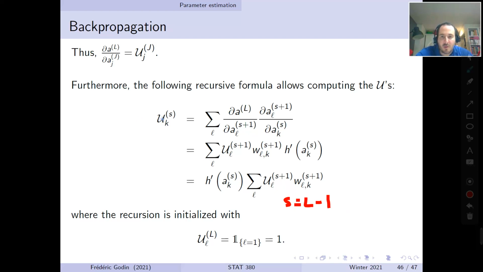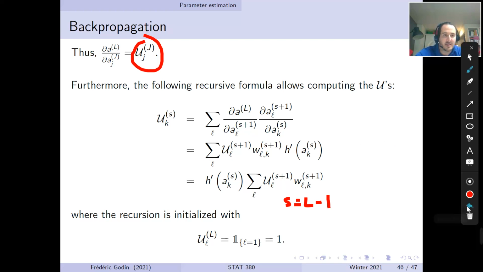And then if you know the values for u^(L-1), you can plug them here, and this gives you values for u^(L-2). If you know values for u^(L-2), you can plug them there, get values for u^(L-3), and you can do this until you get back to u^J, which is the value you wanted. So this completes the identification of all components of the partial derivative we were seeking.